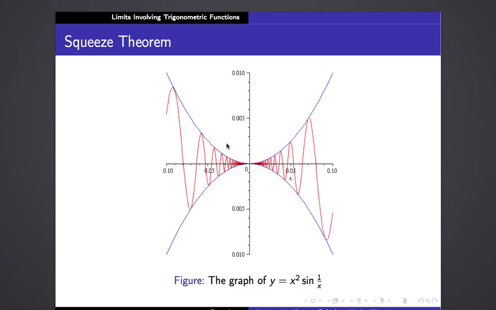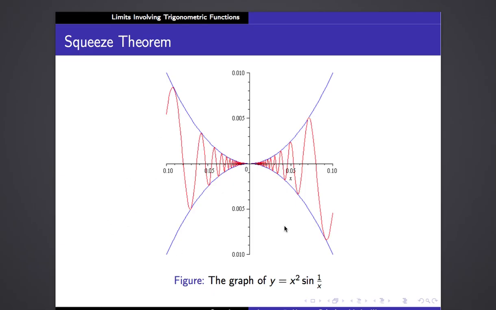As you can see, these two blue lines, the top one is the graph of x squared and the bottom one is the graph of negative x squared. So those are the two parabolas.